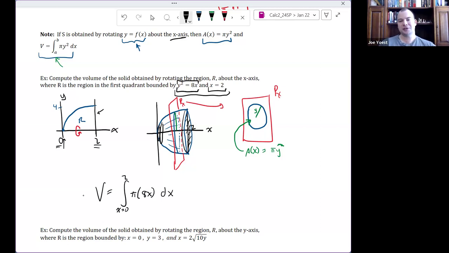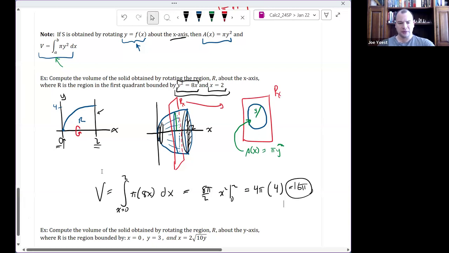Everything is in terms of x. So it looks good. So we have 8 pi times x squared over 2, or this is 4 pi times 4, which is 16 pi. And that's our answer. Are there any questions on this one?